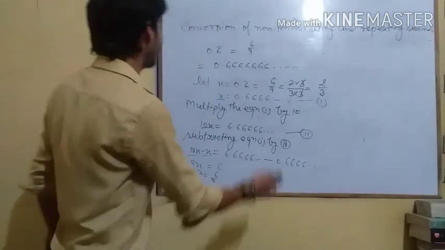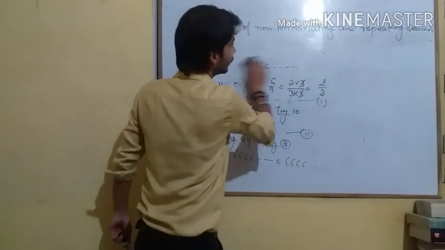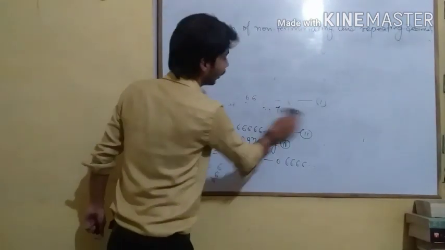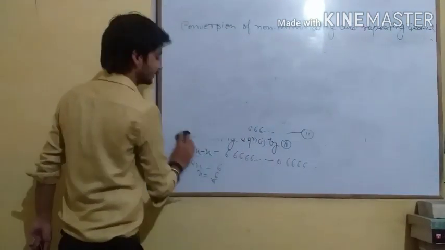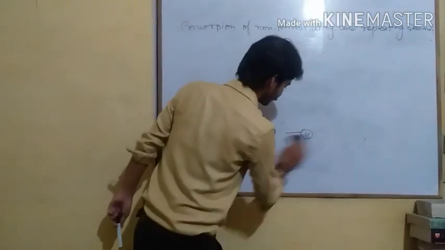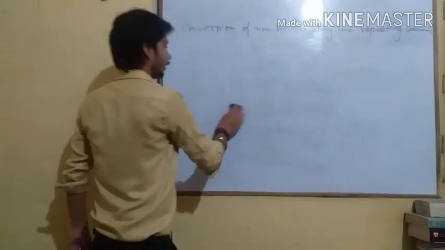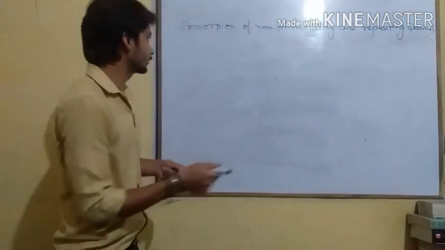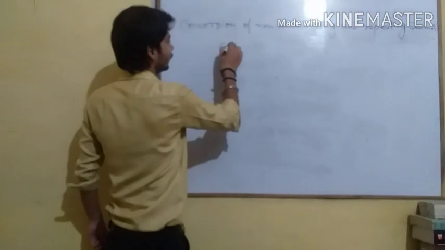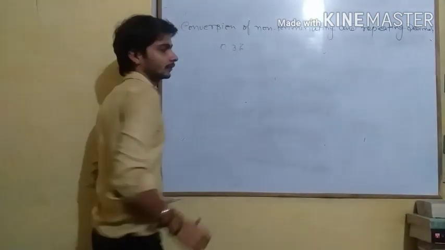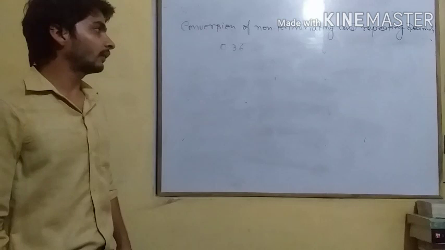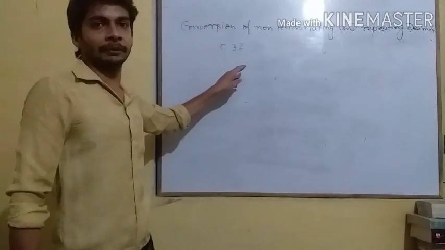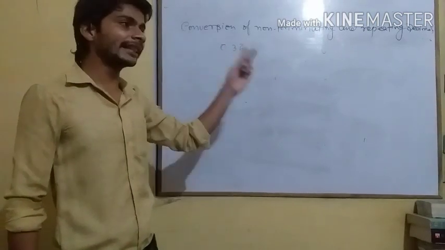Now the second type of the non-terminating and repeating decimals are the mixed non-terminating and repeating decimals. Let me tell you by solving an example. If we have 0.36 bar, this is the mixed non-terminating and recurring decimal.